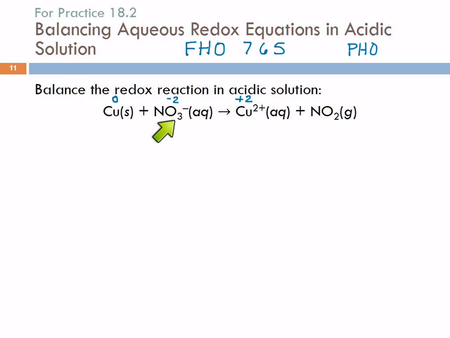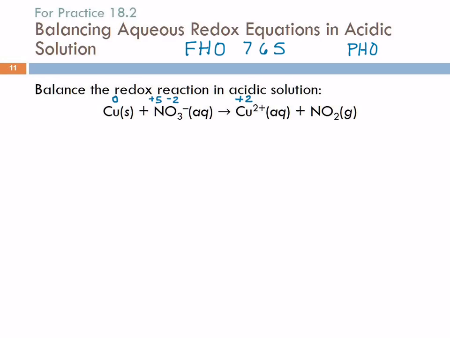We've got -6 from the 3 oxygens. We need a +5 for the nitrogen to give us that -1. So that's pretty different from nitrogen's preferred ionic charge of -3, but that's okay.